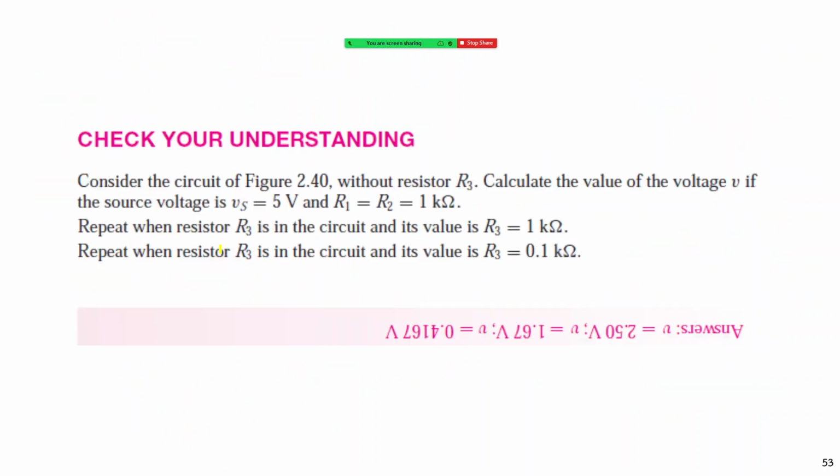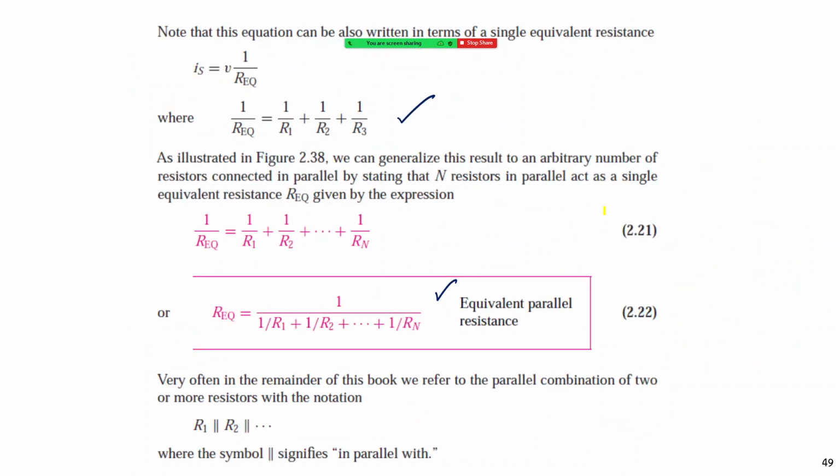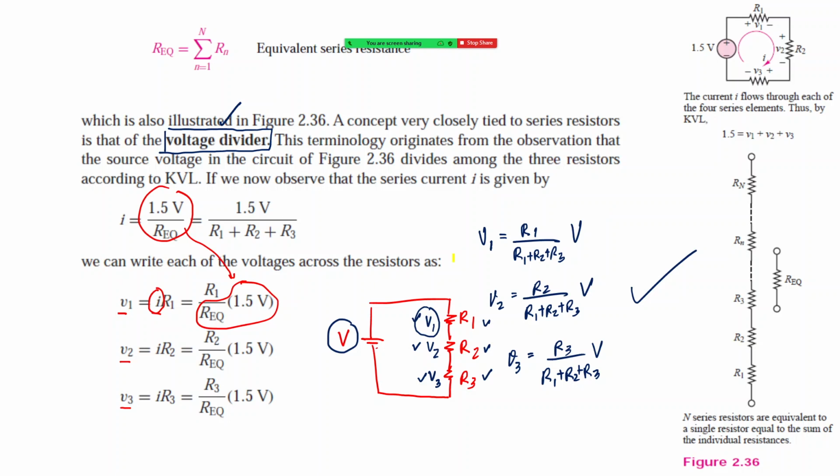From this voltage divider knowledge: the voltage across the resistor is the total voltage multiplied by the resistance we are going to find out, divided by the total resistance of the overall circuit.